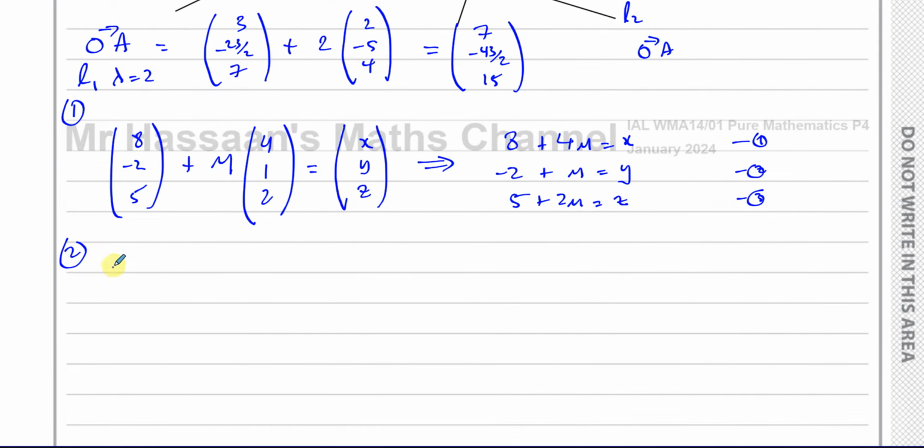We know that the vector A to B is perpendicular to the line L2. And the vector from A to B is going to be OB minus OA.